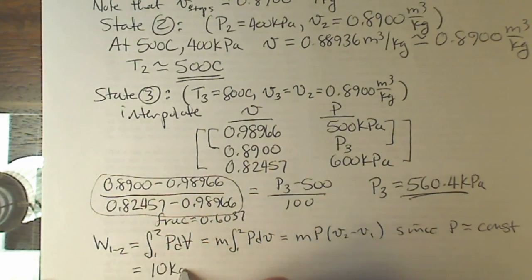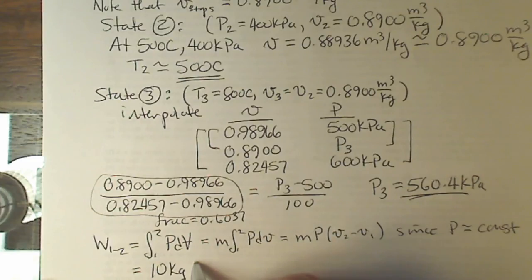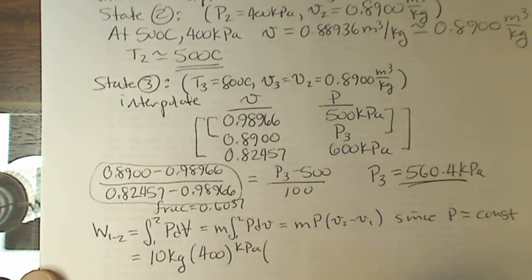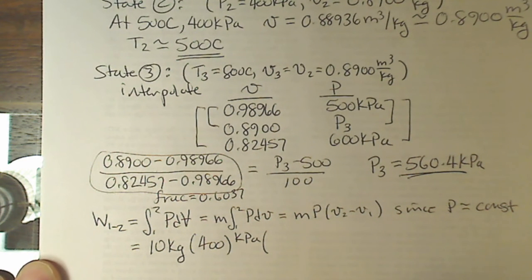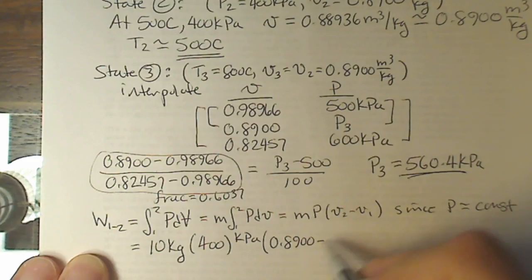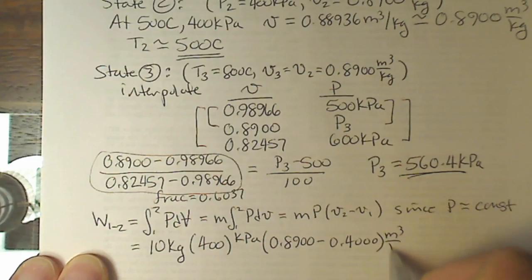So we have 10 kilograms, and the pressure we have is 400 kilopascals, and the specific volume change is, at the stops, 0.89. At the initial state, it's 0.40.